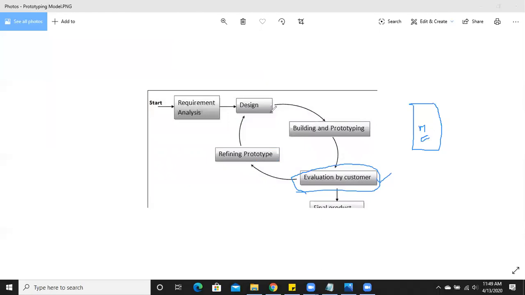So what will this cause? While the customer is iterating us through all this process, some other company may already come into the market with the same idea, right?